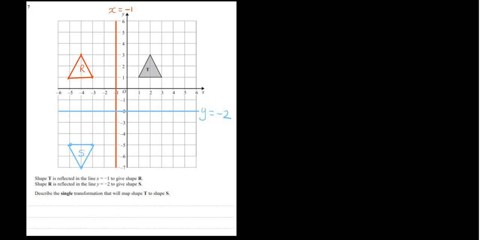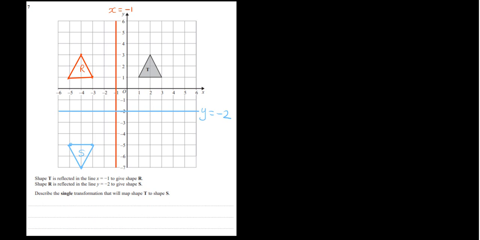One second. No, I don't have tracing paper on there. It would be really nice if you could have tracing paper and shade it in. I've got a ruler, a compass, a protractor, but no tracing paper. Okay, let me get back to this.